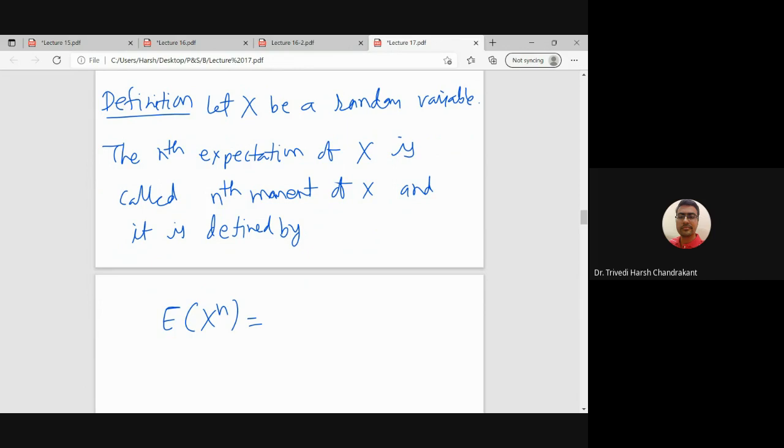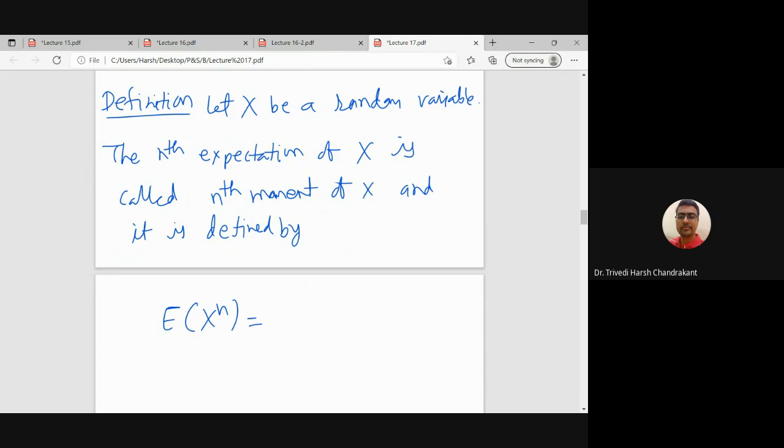We just now discussed the expectation formula of the random variable g(X), right? Here we are considering the function X power n, which is also a function of X. If you have a function of X, that is g(X), we know the formula: summation g(x) f_X(x).